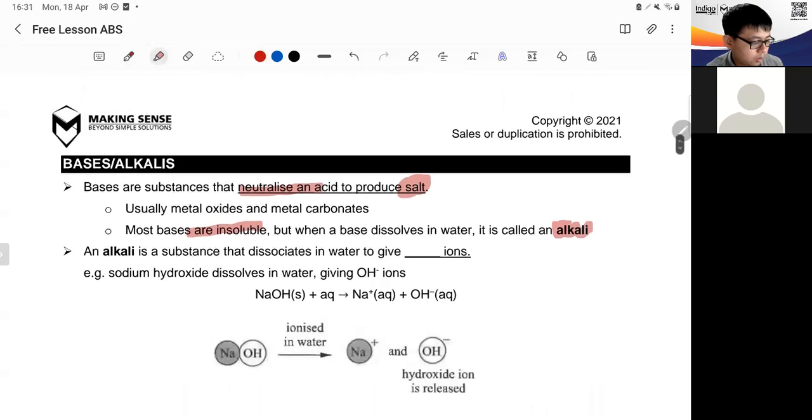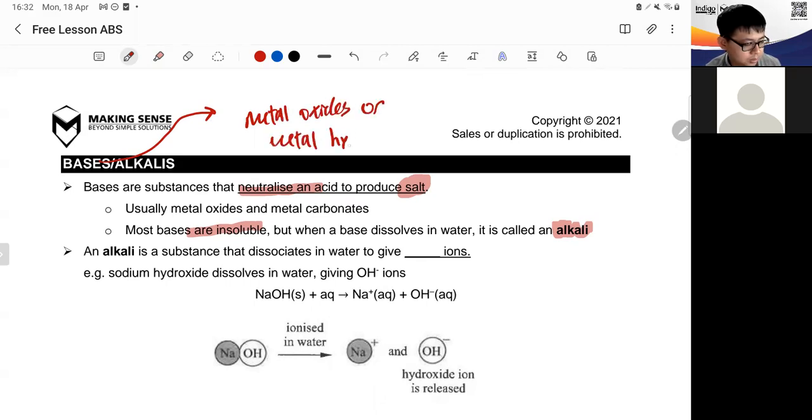Bases generally are either metal oxides or metal hydroxides. There are many metal hydroxides that are insoluble in water, but those that can dissolve in water are called alkalis. So an alkali is a substance that dissolves in water to give OH minus ions.